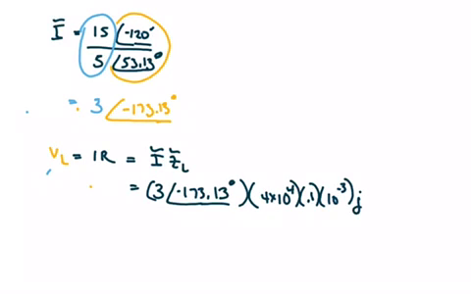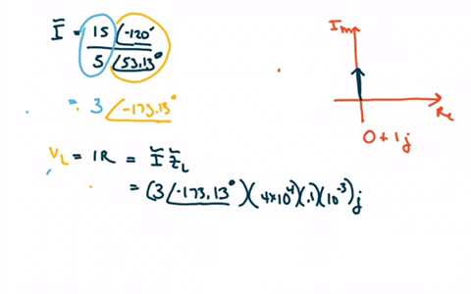Okay, now recall real quick that if we're doing polar coordinates, j is the same thing as 0 plus 1j. So if we're looking at the real and the imaginary axis, j is 0 in the real, 1 in the imaginary, which is equivalent to 90 degrees, right?